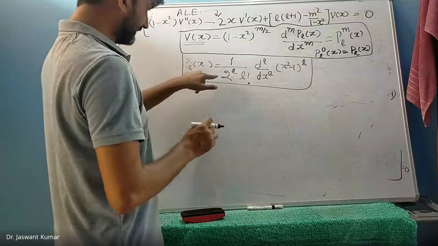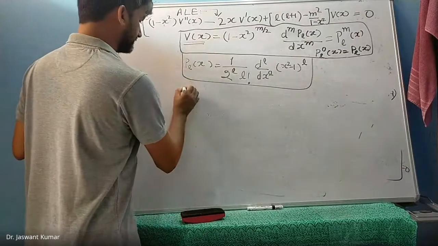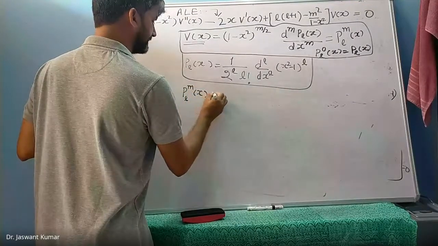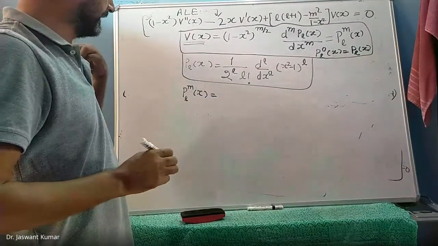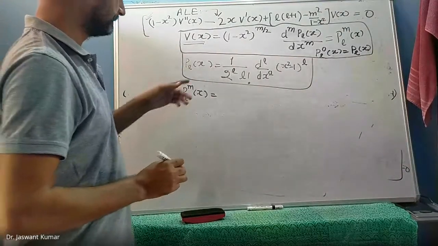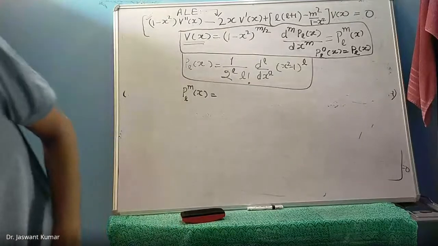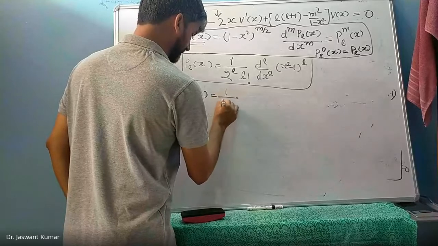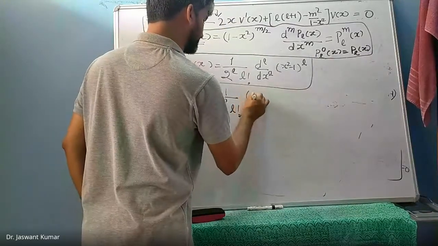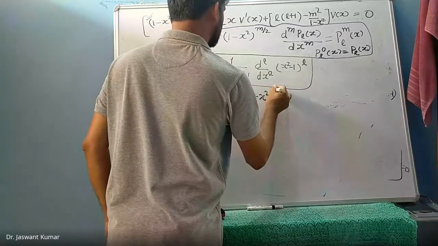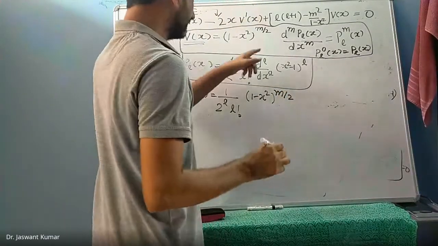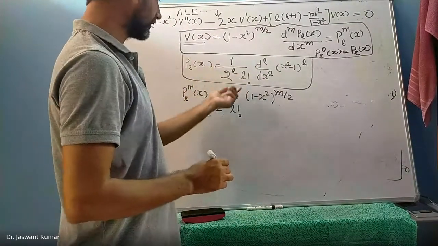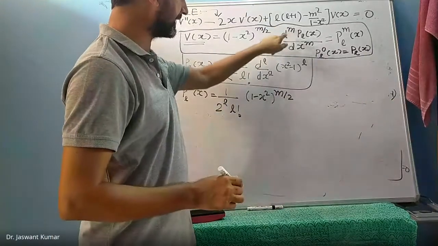So taking this definition into this equation, you can write that P_L^M of x is, what is P_L^M of x? It is (1 minus x squared) to the power m by 2, is that how I write it? I write the constant factors earlier: 1 by 2 to the power L times L factorial into (1 minus x squared) to the power m by 2, and then d^m by dx^m of this. Because this factor is independent of x, I have taken it out, and then this is the mth derivative.